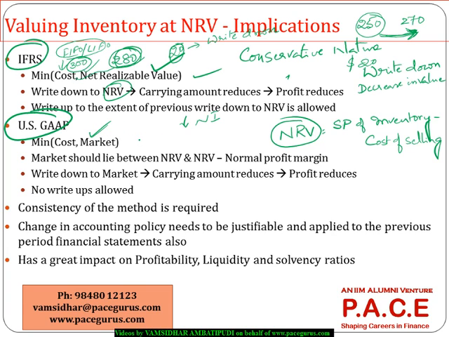The market value should lie between the net realizable value and the net realizable value minus the profit margin. If it is lying between those two, we are considering the minimum of cost versus the market value as a part of the inventory.